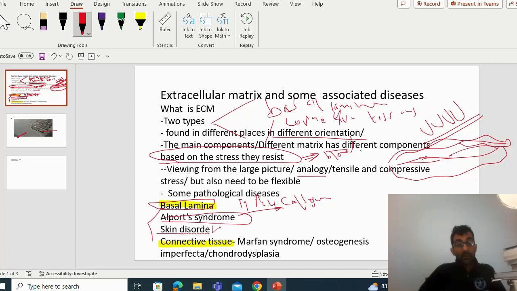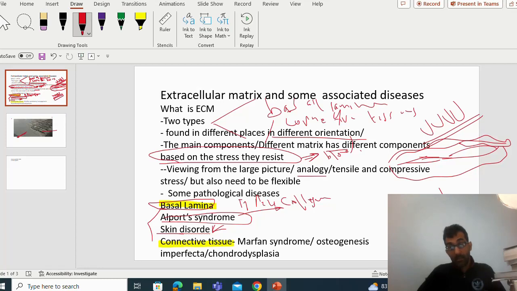Skin disorder. There is a special collagen called anchoring type 7 collagen. Any mutation or genetic disorder that affects the gene that produces this type of collagen causes blistering in the skin. In the skin, the epithelial tissue rests on the basal lamina, and the basal lamina rests on the connective tissue.